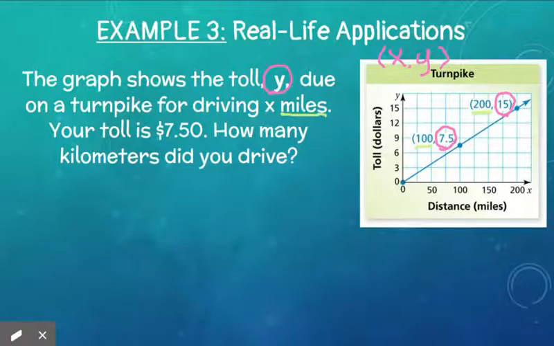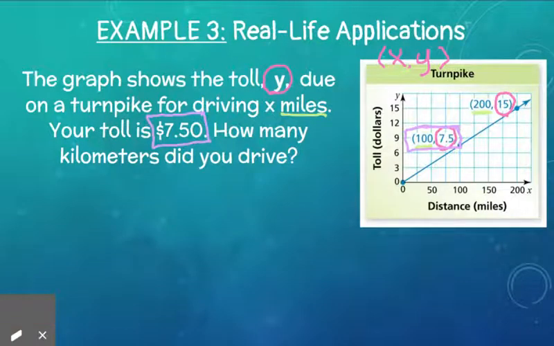So the question is telling us that our toll is 700, I lied. It's $7.50. They want to know how many kilometers did we drive? Well, if we had to pay $7.50, that means that we drove 100 miles. So we're going to be working with 100 miles.